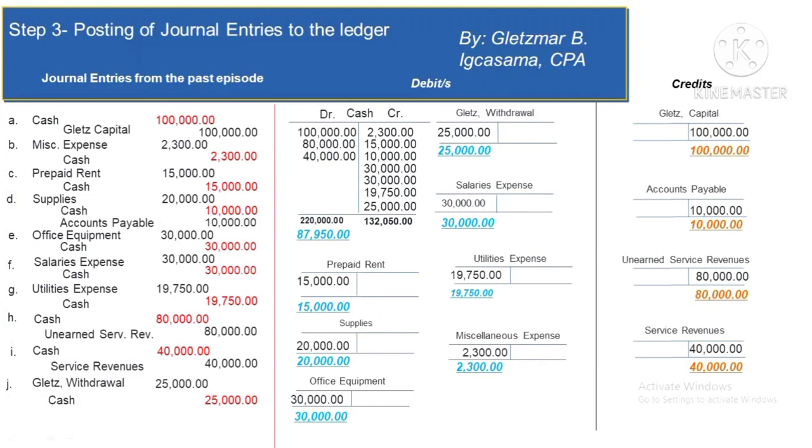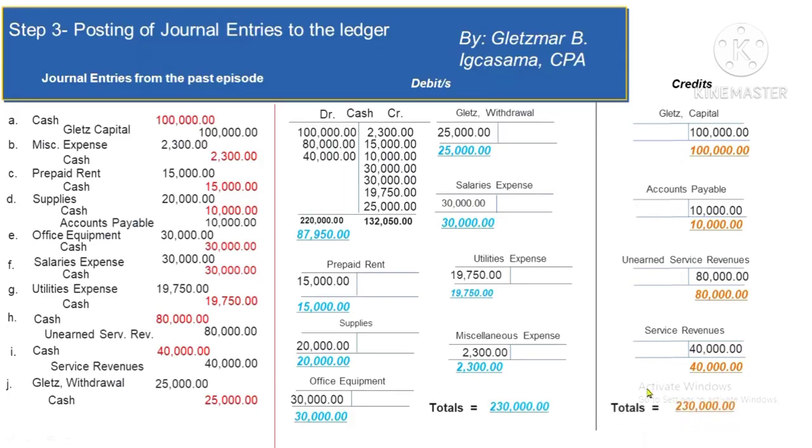It is because before you go to step 4, you need to be sure that all the debit balances, like the balance of this cash, this withdrawal, and the various expenses, are equal to the credit balances. So if you total this, you will have 230,000, and of course there will be no problem because the total credits is also 230,000. And that's it for this slide.